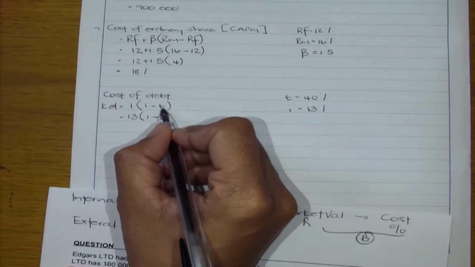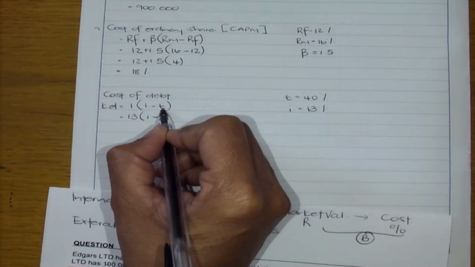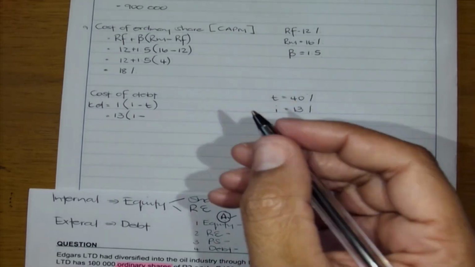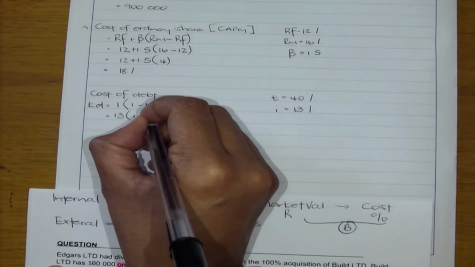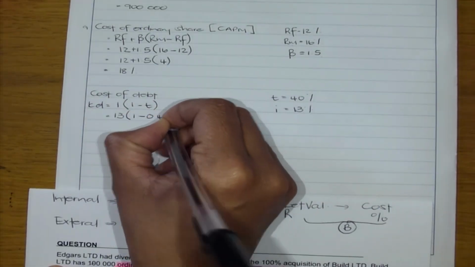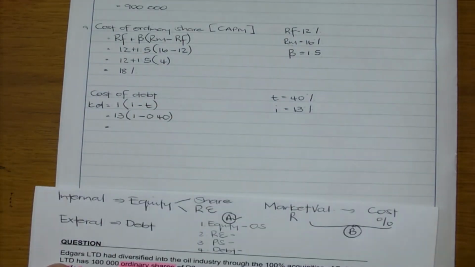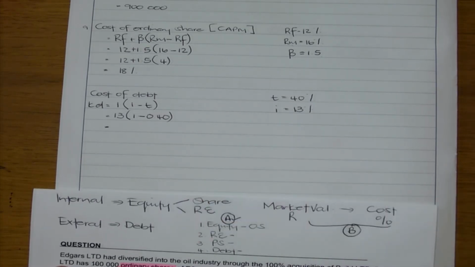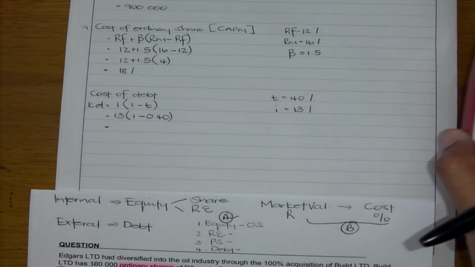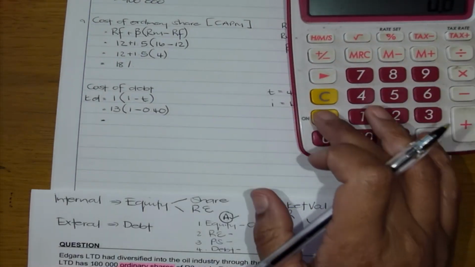Now remember, this is a percentage. I want to change it to a number. How do I do that? I divide it by 100, which will give me 0.40. Okay, so then 1 minus 0.40. Sorry, I normally use my other calculator, but the one I have now doesn't do brackets.